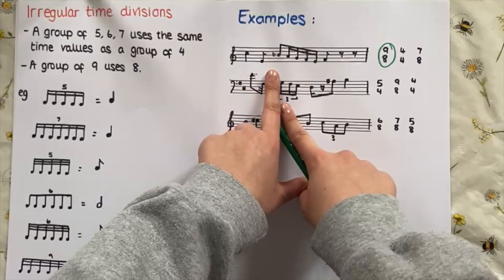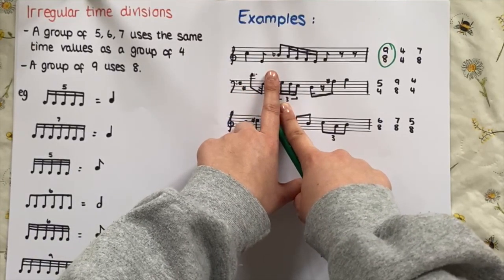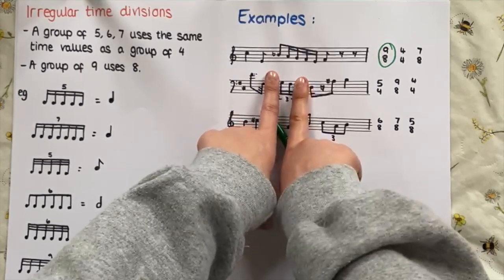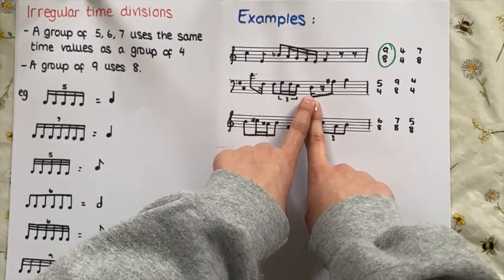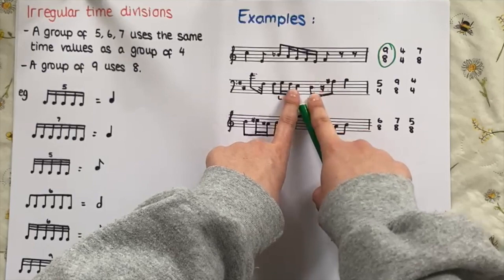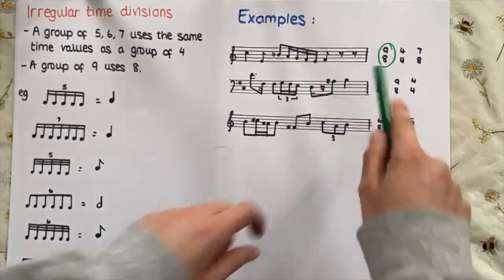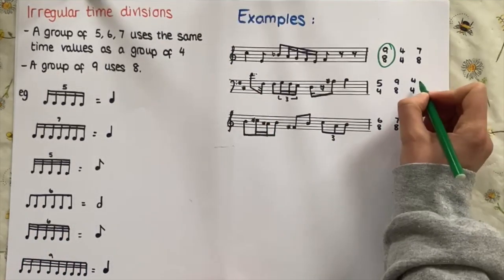As we learnt before, a group of 3 uses the same as 2. So we've got 3, 2, so that is the same as a quaver. So we've got a quaver, which is another crotchet. And here we've got a semiquaver, which equals a quaver, another quaver, and a crotchet. So we've got 1, 2, 3, 4 crotchets. So that is 4/4.